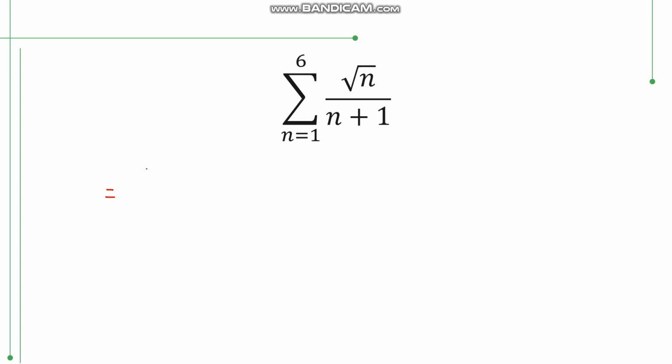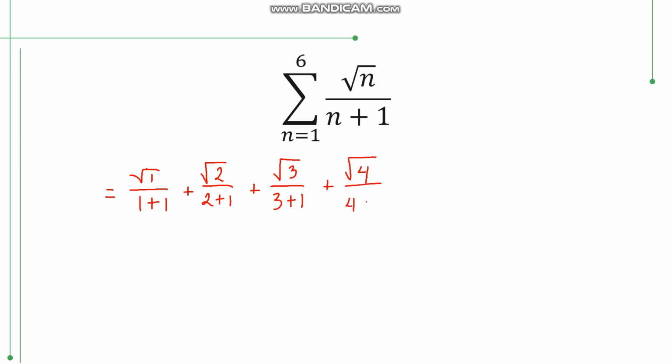So let's write square root of 1 over 1 plus 1, plus square root of 2 over 2 plus 1, square root of 3 over 3 plus 1, plus square root of 4 over 4 plus 1, plus square root of 5 over 5 plus 1, and square root of 6 over 6 plus 1.